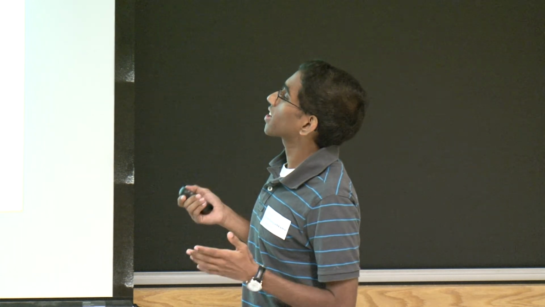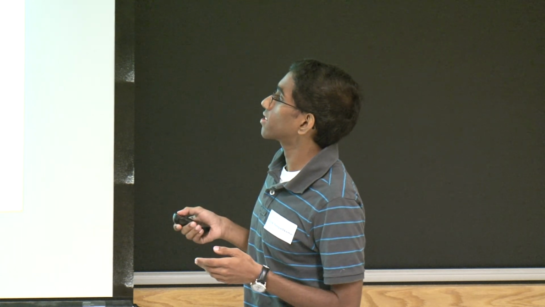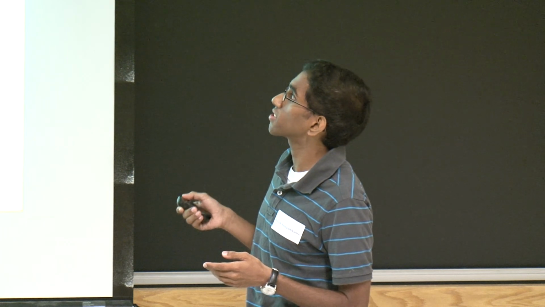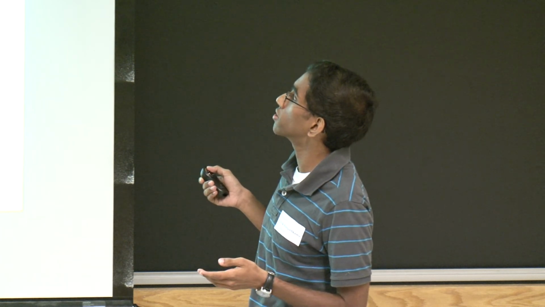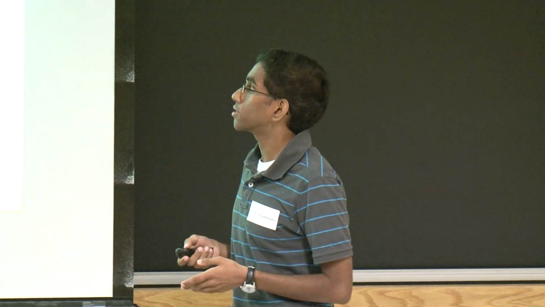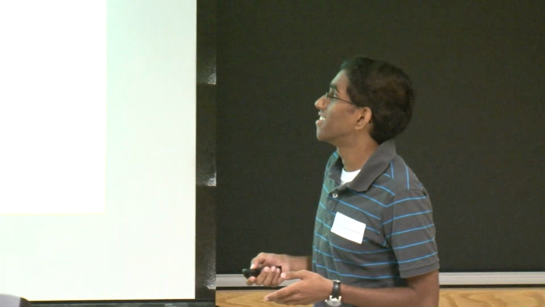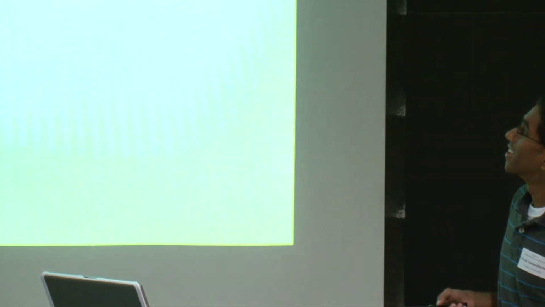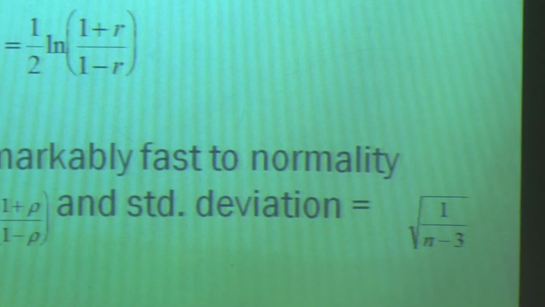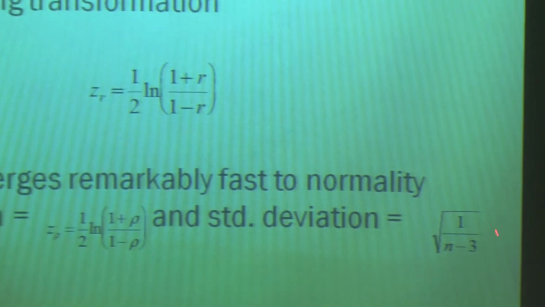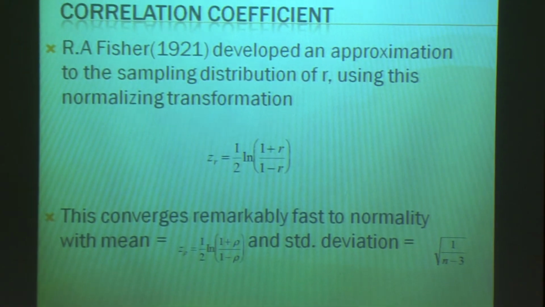Well, it's kind of counterintuitive to expect that if you only looked at 5 out of a sample of size 30 that you're going to do better. And we don't exactly know why that's happening, but if we look at the formula for the transformation, it depends on the sample size here, this standard deviation term.